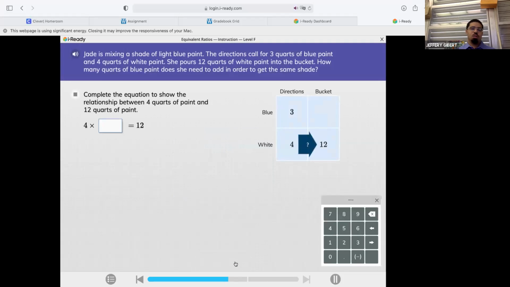Complete the equation to show the relationship between 4 quarts of paint and 12 quarts of paint. All right, so what's this? 4 times what is 12? 3.